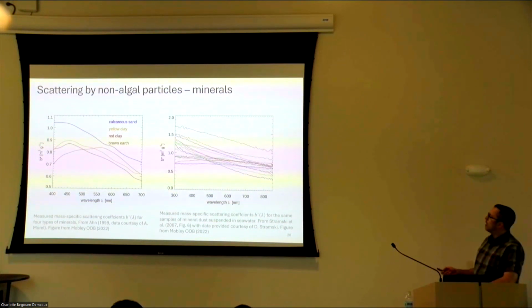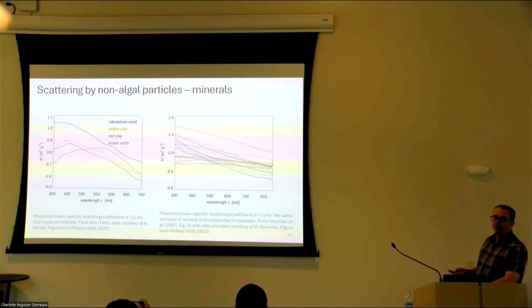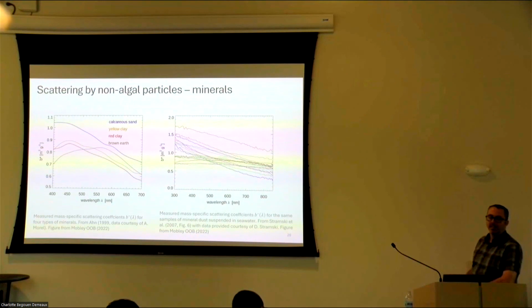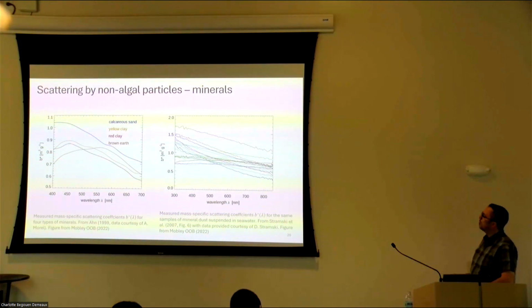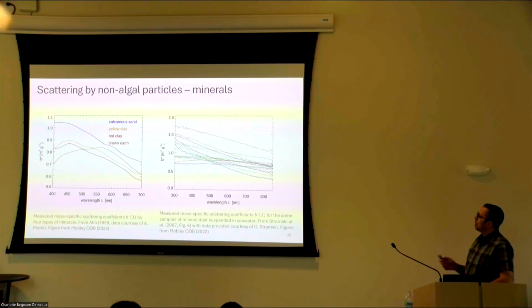You'll see A star or A phi star, the phytoplankton specific absorption. Often that could be units of meters squared per gram of chlorophyll. It could be meters squared per cell. It could be meters squared per carbon biomass. It gets funky, so you always got to pay attention. That's why, again, put units on everything.